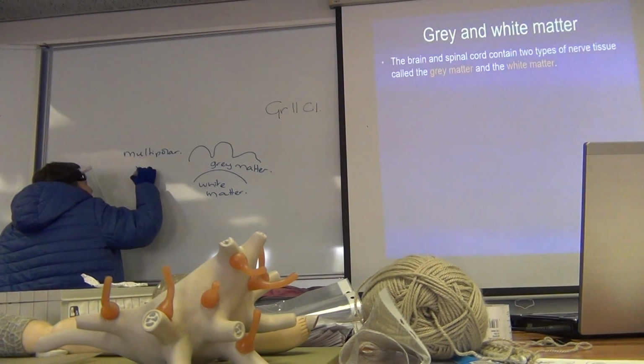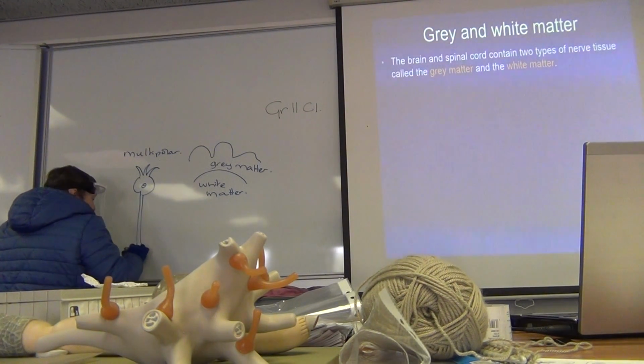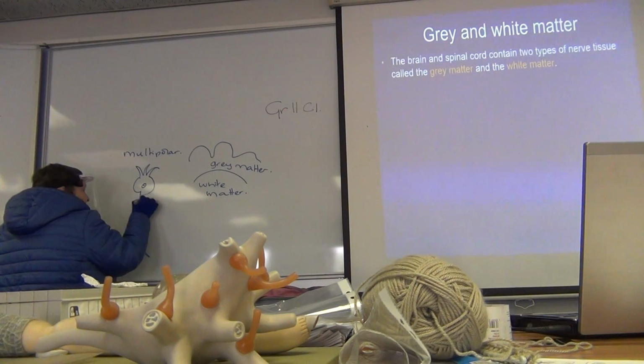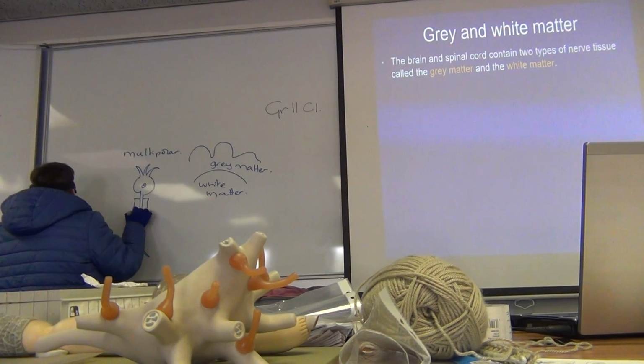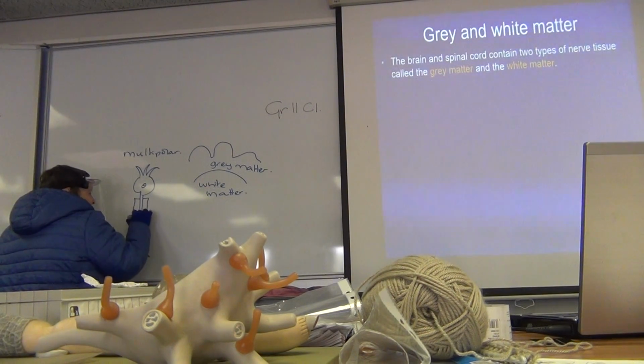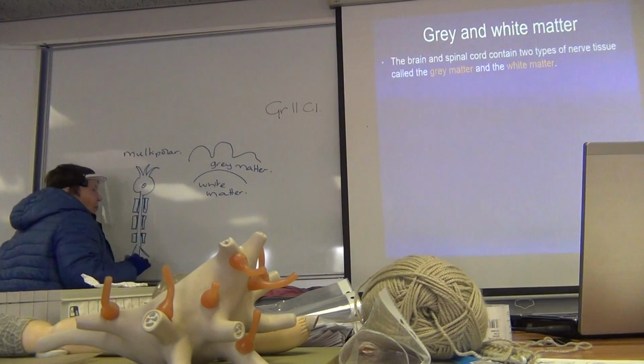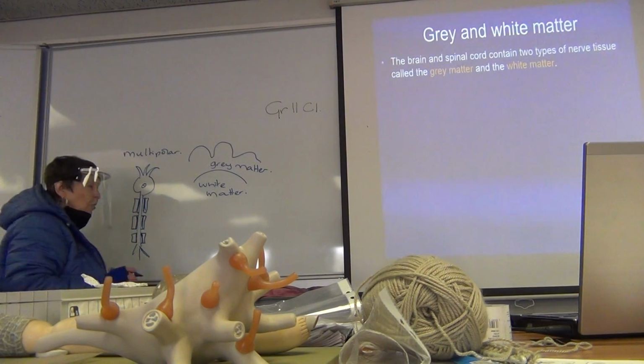Multipolar neurons have short dendrites, then a cell body, and then an axon. The axon is surrounded by Schwann cells, which have the myelin sheath, layers and layers of cell membrane. And cell membrane is made of phospholipid and protein.